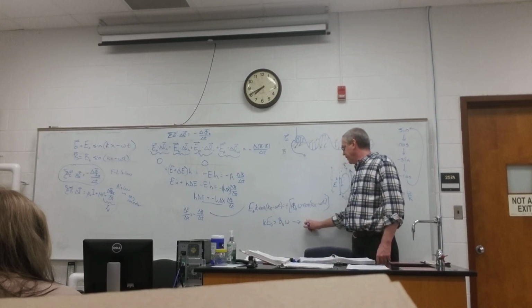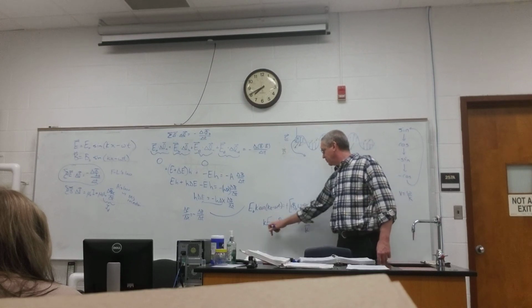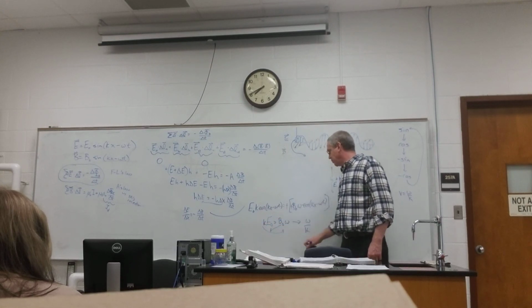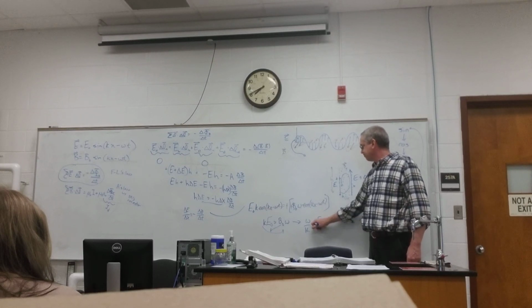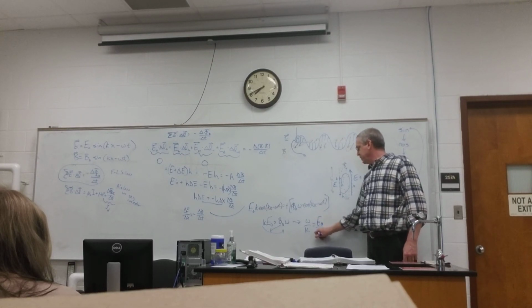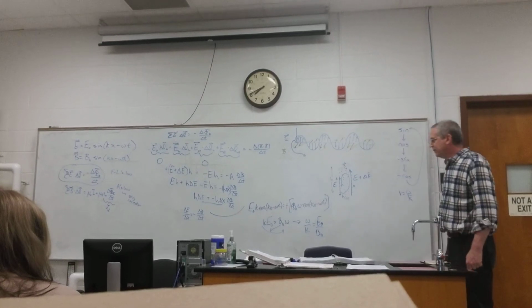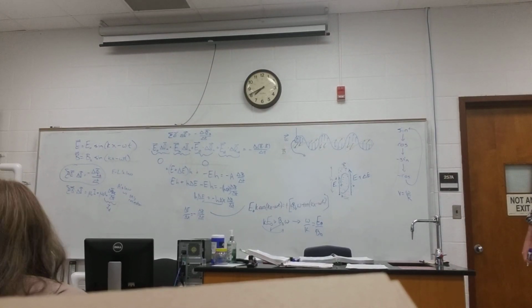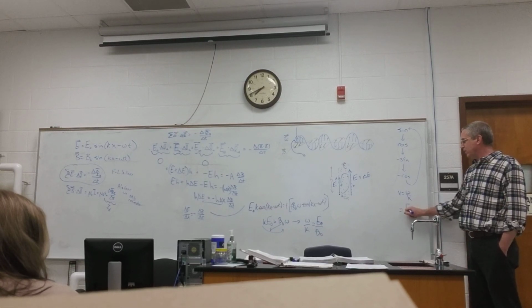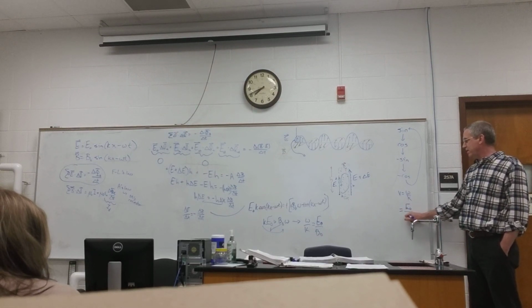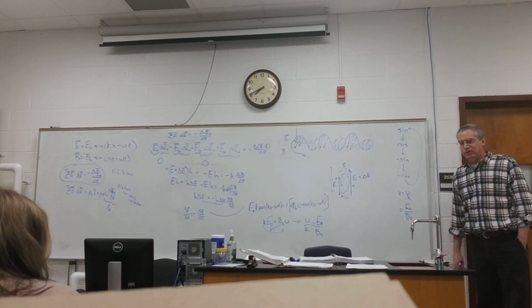Therefore, omega divided by k, bring the k over to here and the B sub 0 over there, is equal to E sub 0 over B sub 0. In other words, the speed of the electromagnetic wave is just equal to the amplitude of the electric field divided by the amplitude of the magnetic field.